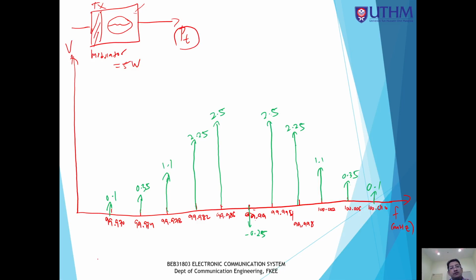First, find the total power, which is equal to VC square over 2R.